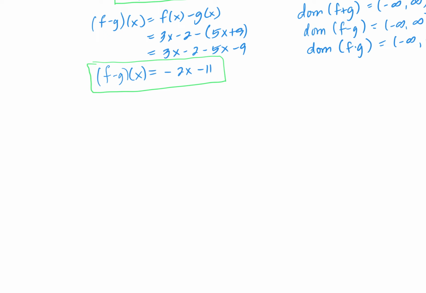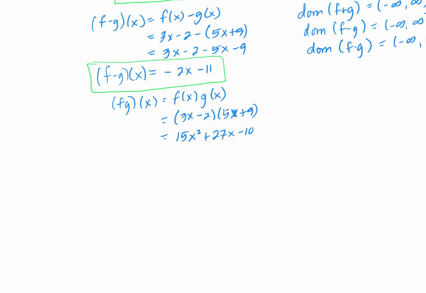What about f times g of x? Again, it's just f of x times g of x. But this time we're multiplying binomials. So in parentheses, you would have the 3x minus 2, parentheses 5x plus 9. And then if you FOIL or multiply that out, 3x times 5x should be 15x squared, and then negative 2 times positive 9, well, maybe I'll do the 27x first.